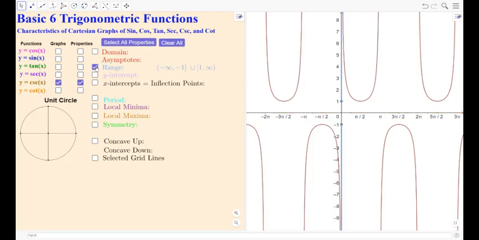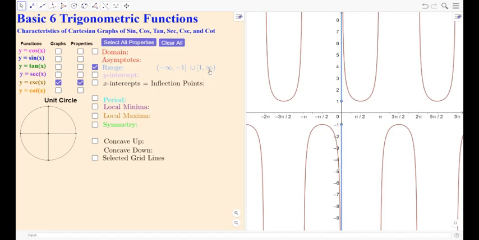The range is the same as the range for secant. It's from 1 to infinity and from negative infinity to negative 1. Here's how you write that in interval notation: left parenthesis, negative infinity, comma, negative 1, right bracket, union, left bracket, 1, comma, infinity, right parenthesis.